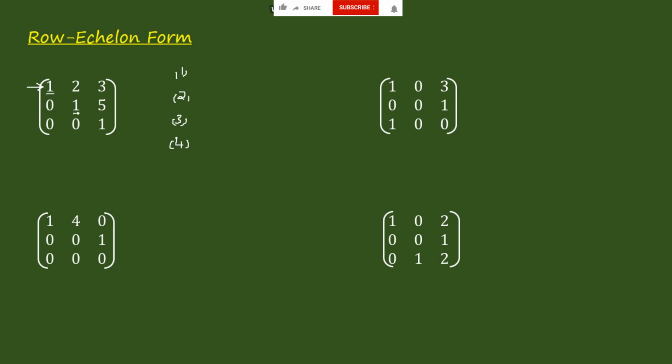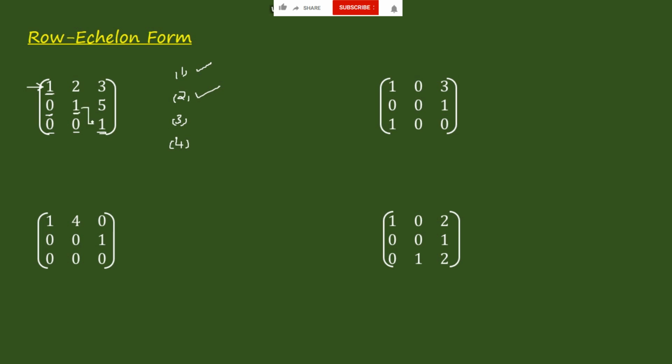Here this row also has a leading entry, and this is also a leading entry. So the first condition is satisfied. Come to the second one. In a column, the entries below a leading entry should be zeros. So it is 0, it is 0. The second condition is also satisfied. The third one is that the leading entry should be to the right of the other leading entry above it.